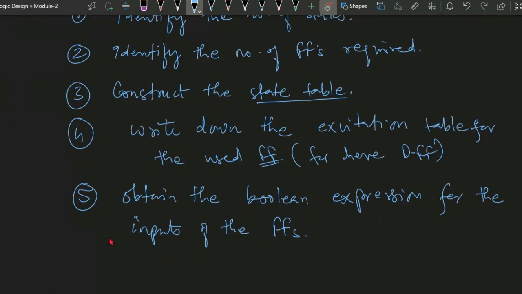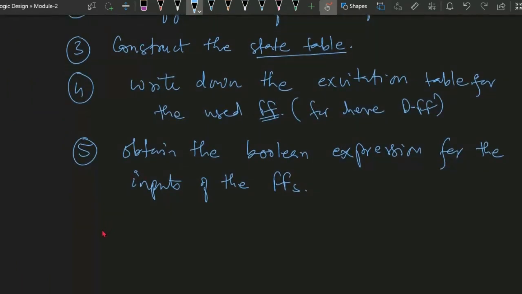We need to find the Boolean expression for the inputs of the flip-flop and minimize it, or we can just say: obtain the minimized Boolean expression for the inputs of the flip-flop.